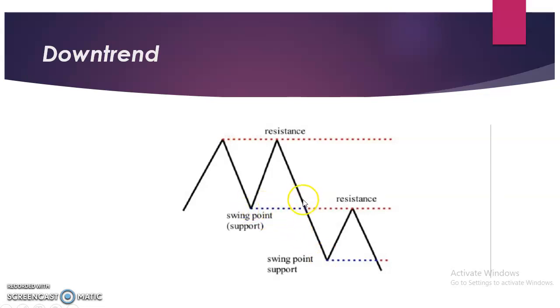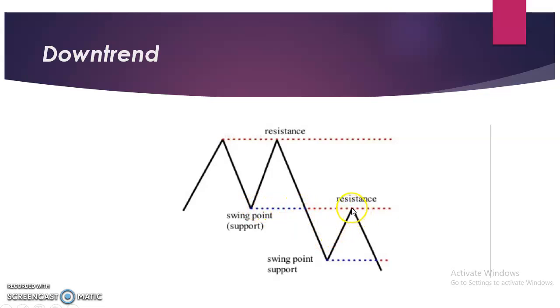Okay. And what did we say? That when price breaks through the support, that is when the market is in a downtrend. And here we found that price retraces. It found support here and retraced to the upside, but the retracement could not get to the resistance that caused this impulsive move that broke through the support.